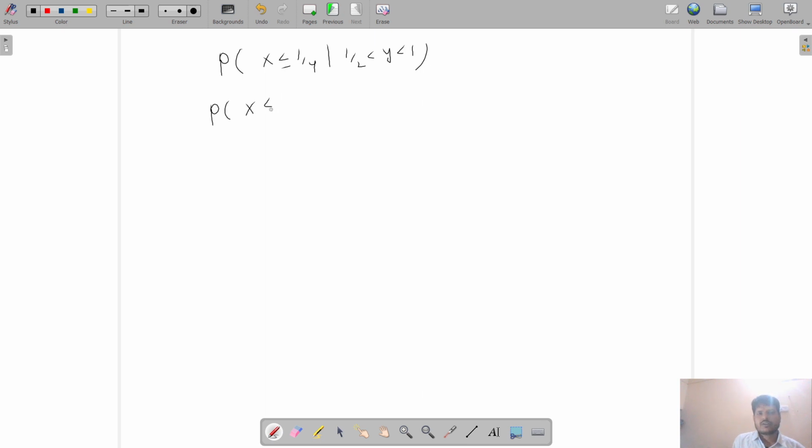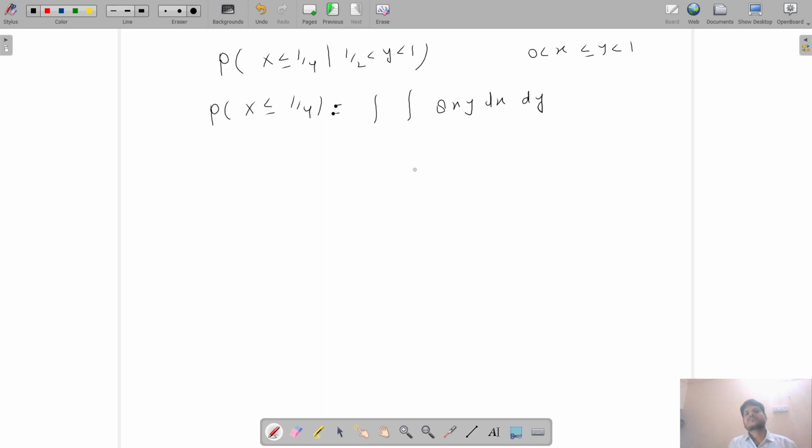Listen. The probability of x less than or equal to 1 by 4: we have to do a double integration. Here you have to find the limits. You see, x greater than 0, x less than or equal to y, y less than 1. Right? So here the PDF f(x, y) dx dy.